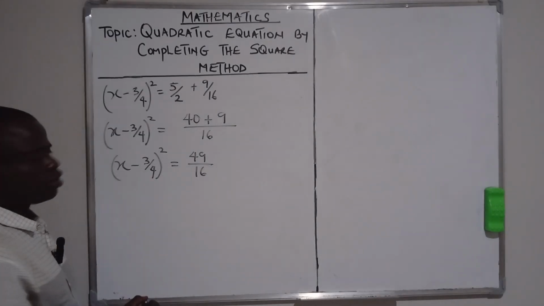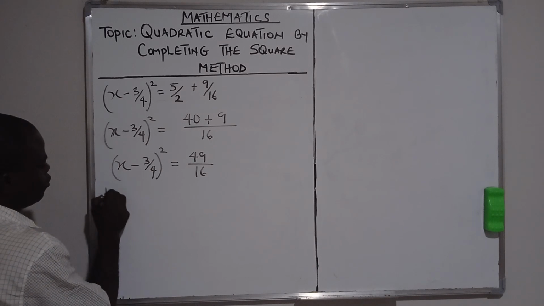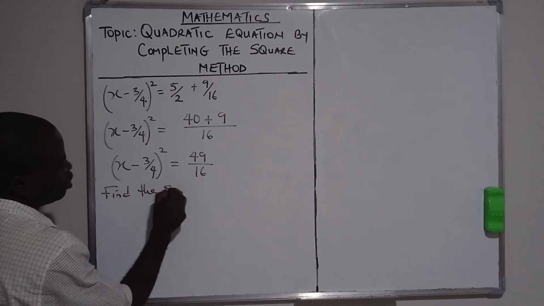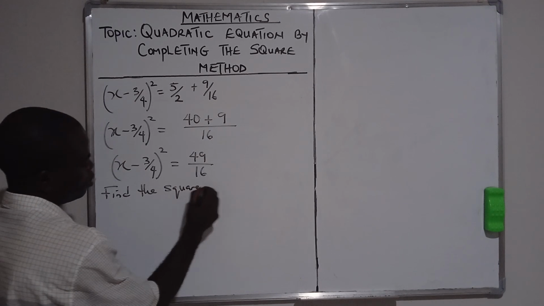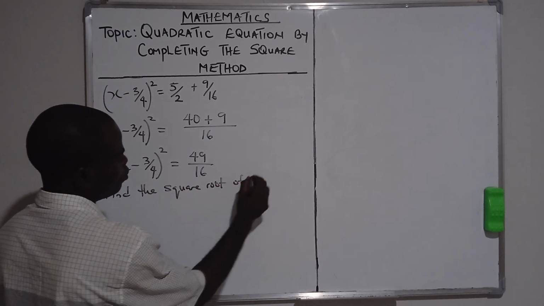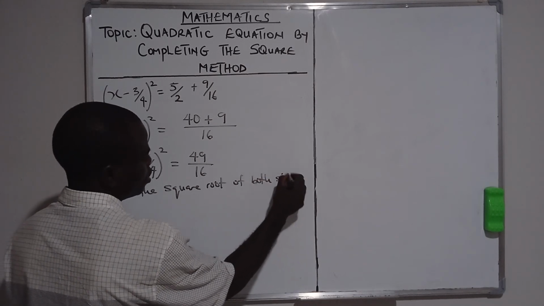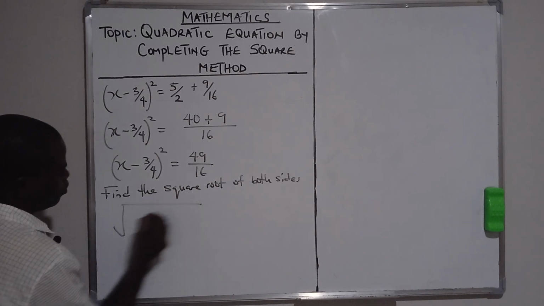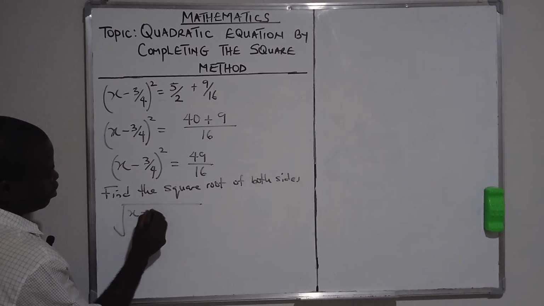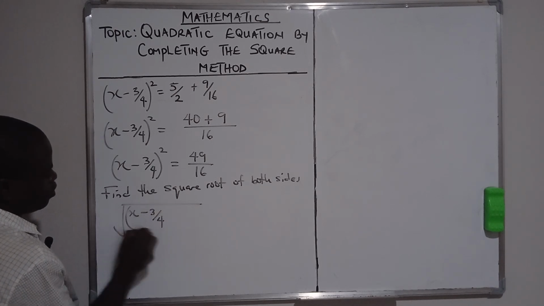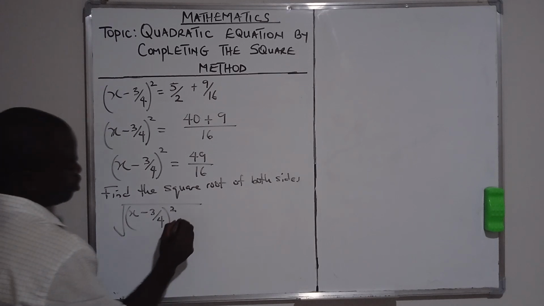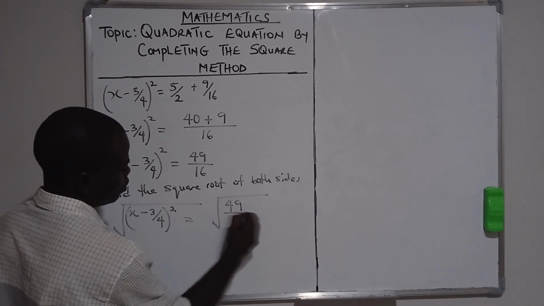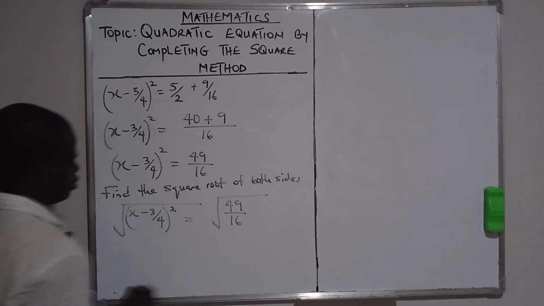You find the square root of both sides. When you do that, you have the square root of x minus 3 over 4 squared equals the square root of 49 over 16.